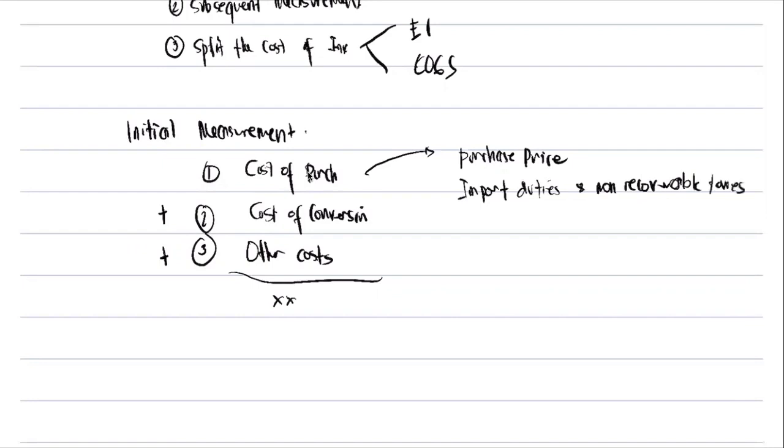And of course, your transport and handling costs. Okay. So these are the following items of your cost of purchase: purchase price, import duties, and non-recoverable taxes, transport and handling costs.